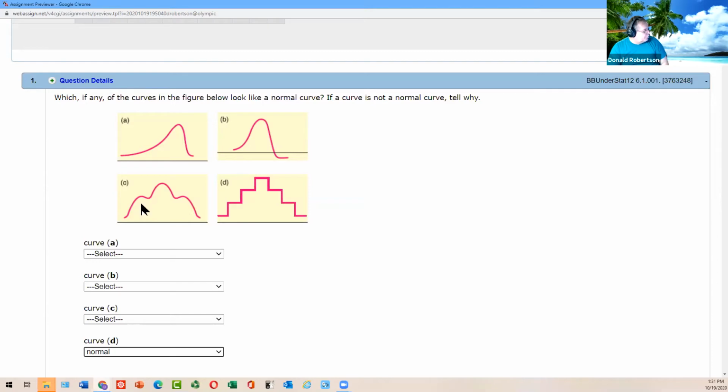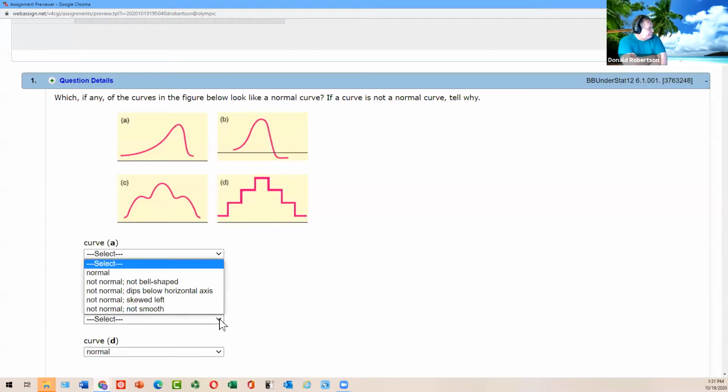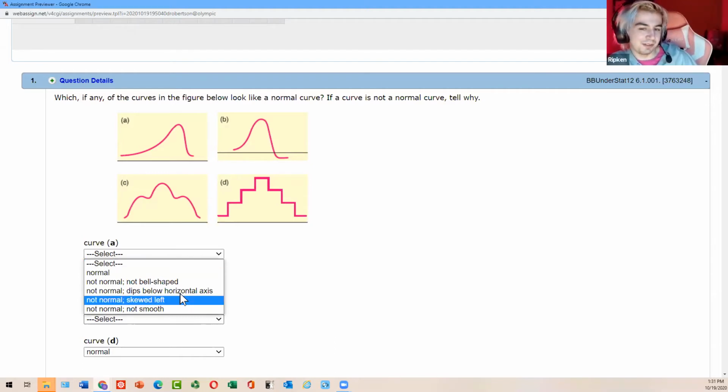Okay. What do you think's wrong with C? Because it definitely is symmetric, which is good. But what's wrong with C? And here are the choices. Not normal, not bell shaped. Yeah.